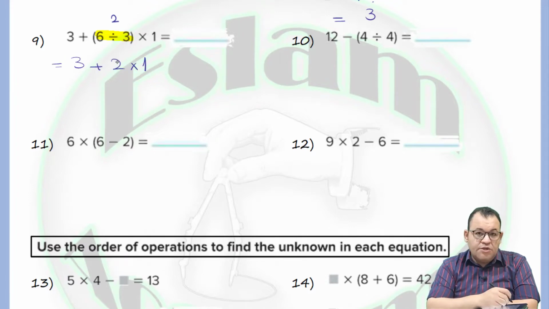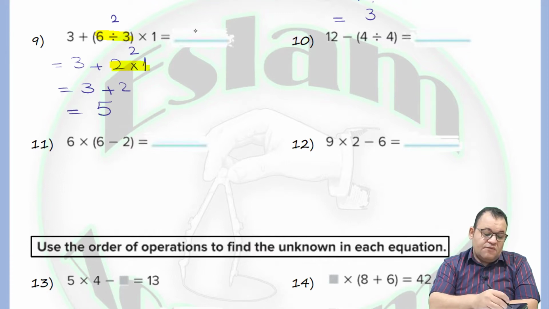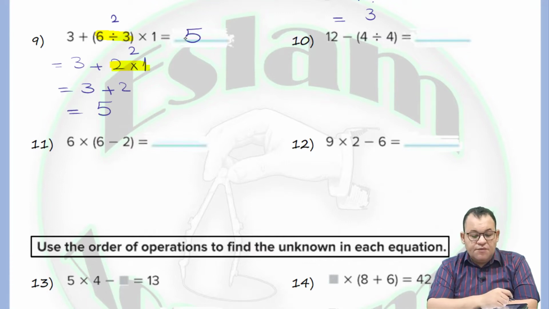Now we have two operations. Which one will be first? We said the parentheses. There is no parentheses, so we are looking for times or divide. There is times here, so 2 multiplied by 1 equals 2. Instead of 2 times 1, it will be 2. Then rewrite the question again: 3 plus 2 will be equal to 5. So the answer now will be 5.